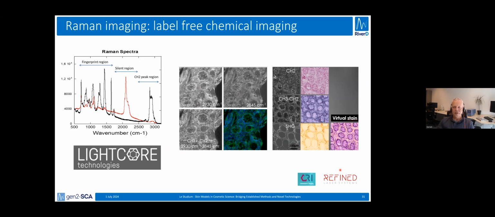I mentioned Lightcore here because that's their images, but there are other companies active in this field, also in Europe, Cambridge Raman Imaging in Milano, Refined Laser Systems in Germany.